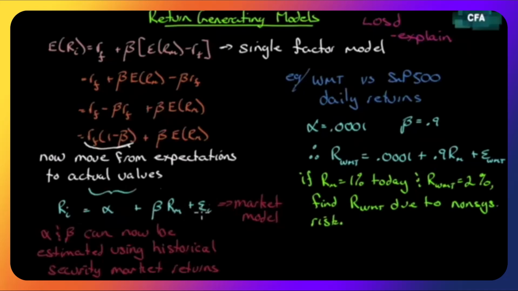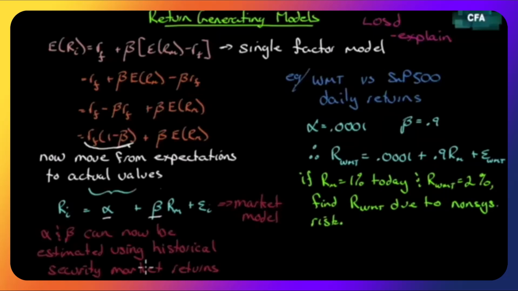Now, alpha and beta can be estimated using historical security and market returns. So if I want to know what my beta is, let's say I'm interested in the last 2 years of returns on a particular stock versus the market, I can look at daily returns on a particular stock and daily returns on the market as a whole.